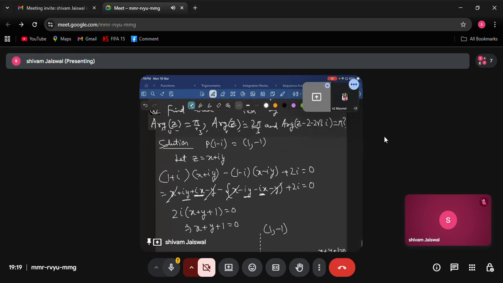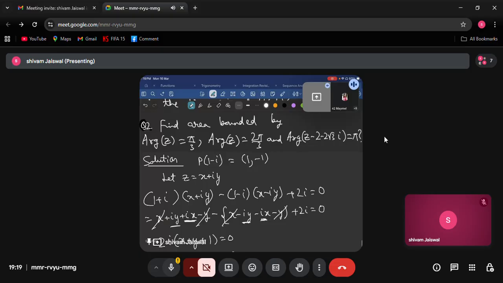Try number 2. Argument of z is given to us. We need to find out the area bounded by this region. I have already told you what is the meaning of argument. So if you are able to draw the figure, you'll be able to understand. Over here, the diagram is important.